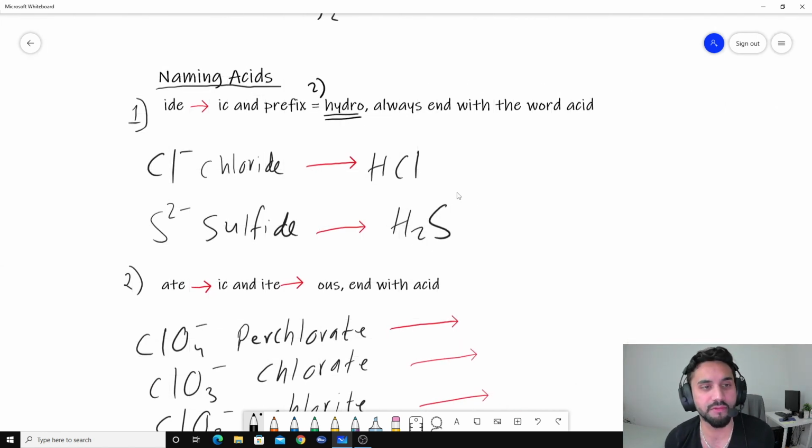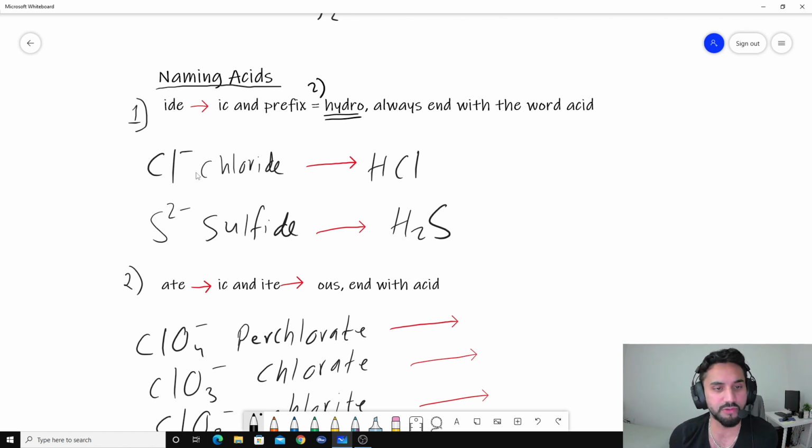So naming acids. To name an acid, the anion ending IDE changes into IC, so IDE becomes IC, and the prefix always starts with hydro and always ends with the word acid.